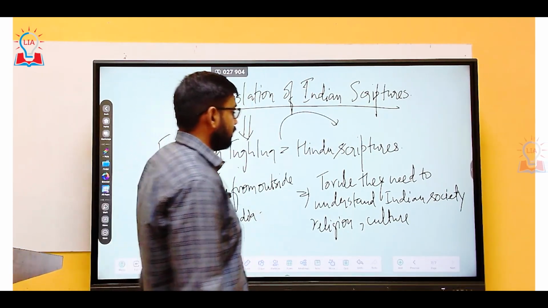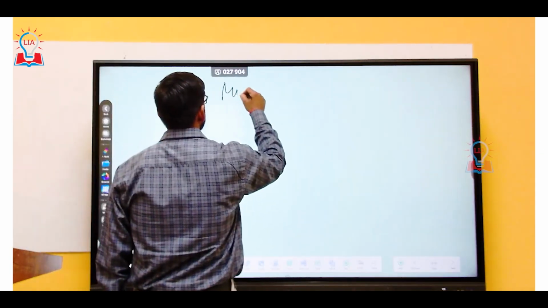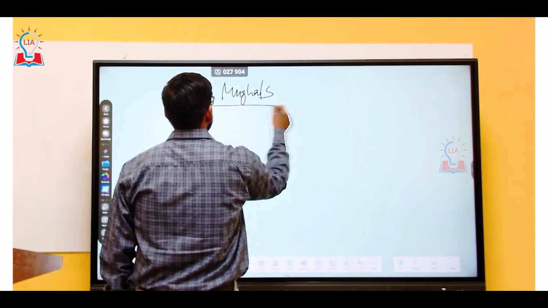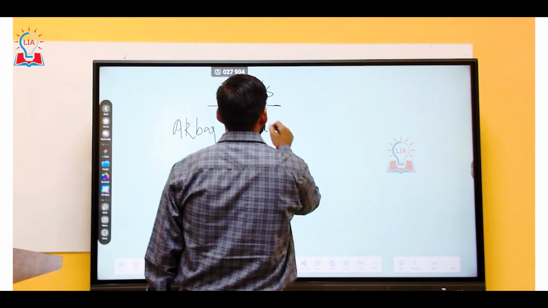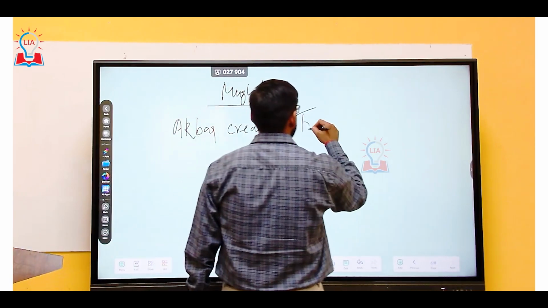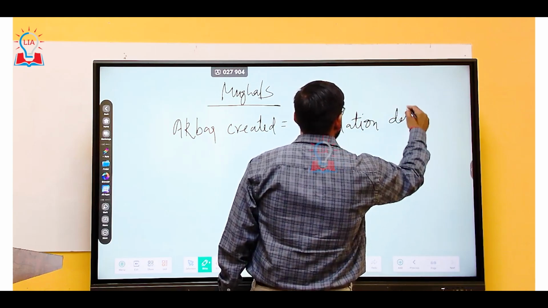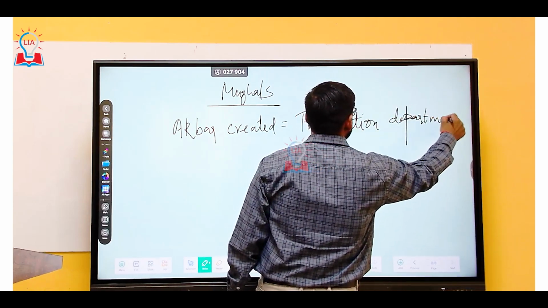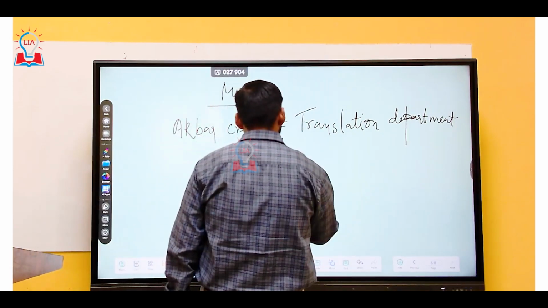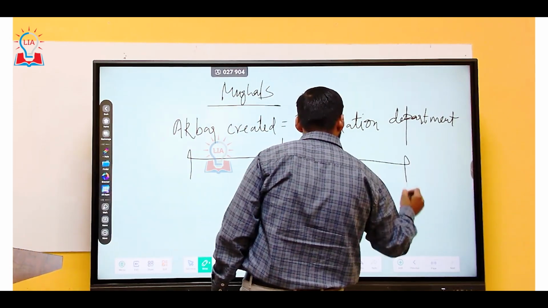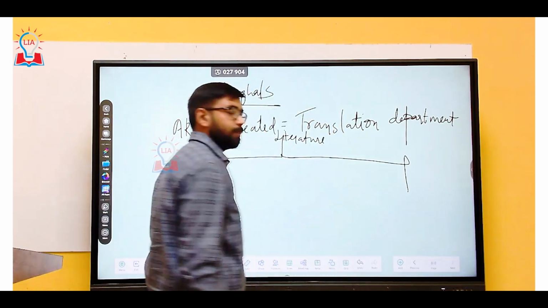Then same thing, after the establishment of the Mughals, Akbar created a translation department. Translation of what? Translation of literature.